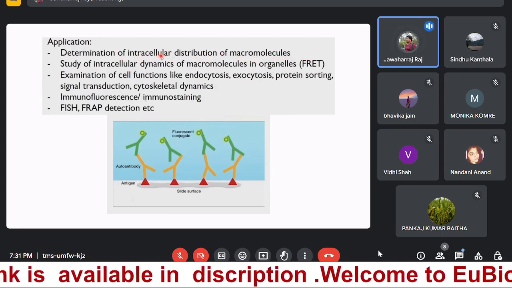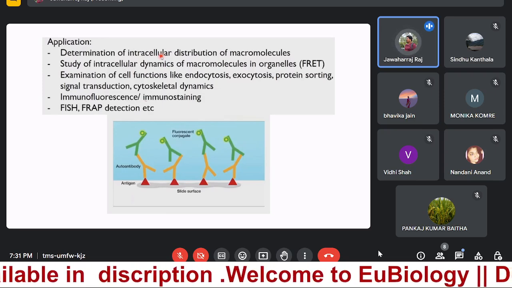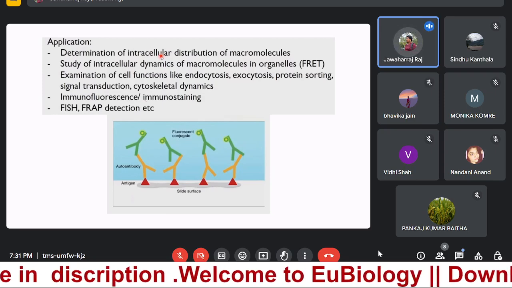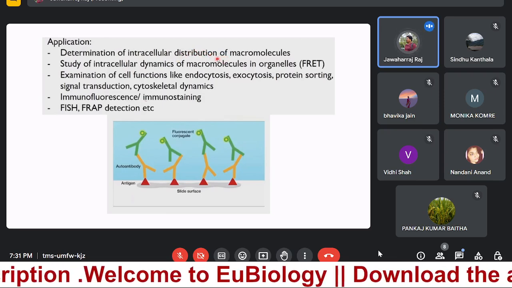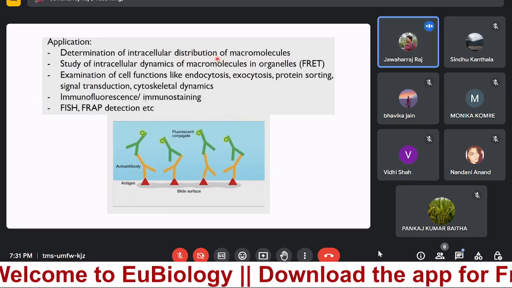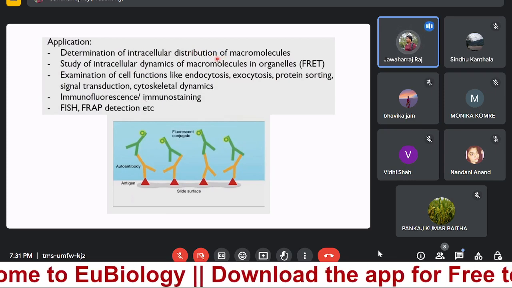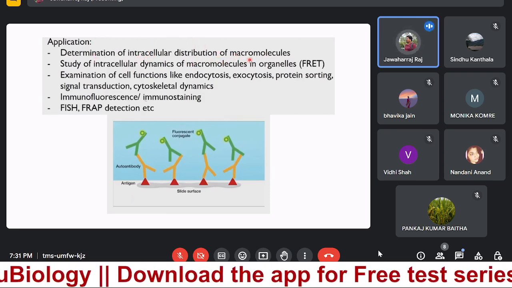If you want to know where your mitochondrial protein, RON6, is present, you will label RON6 and you will know the distribution of that protein. From the mitochondria, is it going to the Golgi complex, or to the endoplasmic reticulum? So you will determine the intracellular distribution of macromolecules.